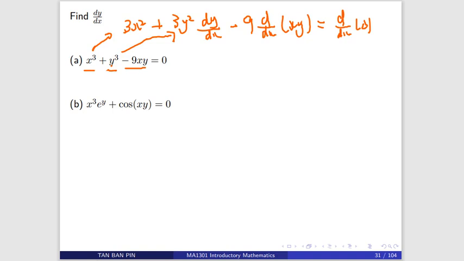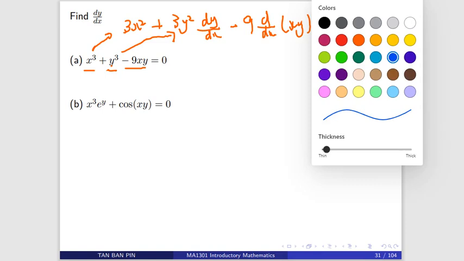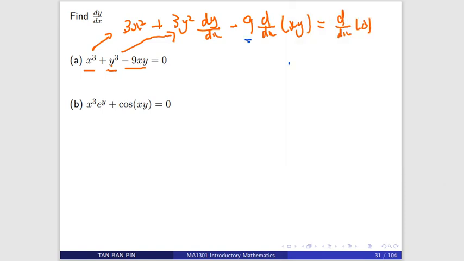And for the xy term, the 9 you can write outside, so you have to differentiate xy. So it's what I showed you previously. This is uv, so it means you keep x, then you differentiate y, plus you keep y, differentiate x.